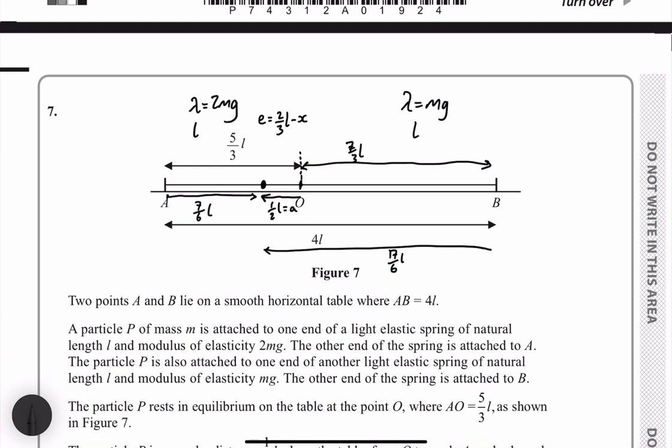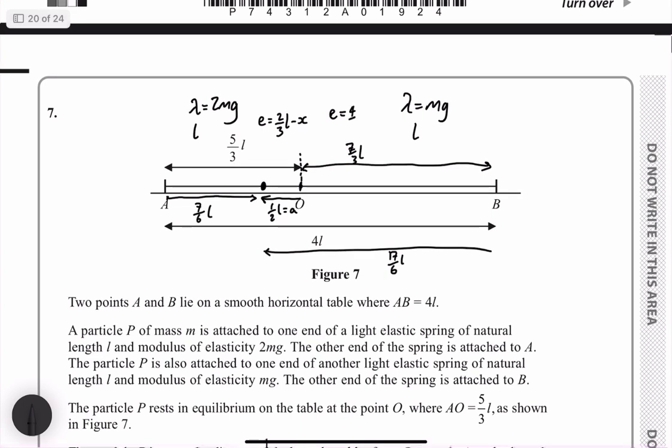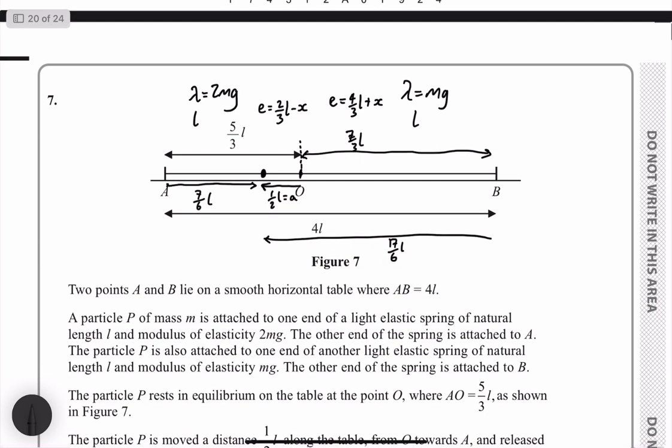On the other side, the spring from B, the extension here, again from natural length L, up to O is 4/3 of L, and then plus whatever that X is. Again, initially it's 1/2 L, but that will change once the particle is released.